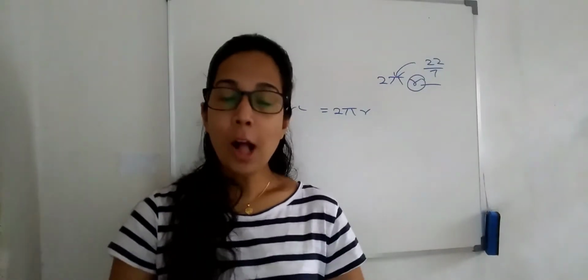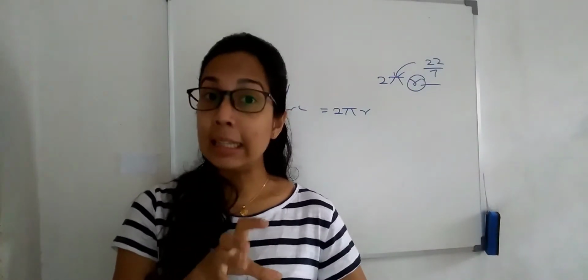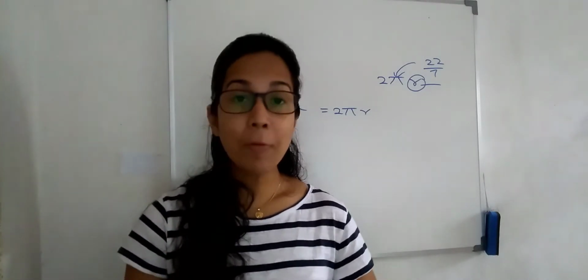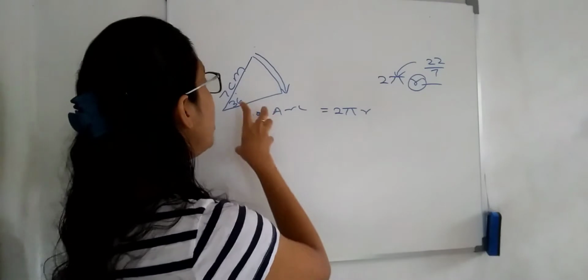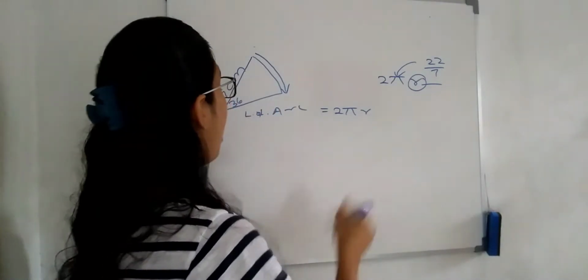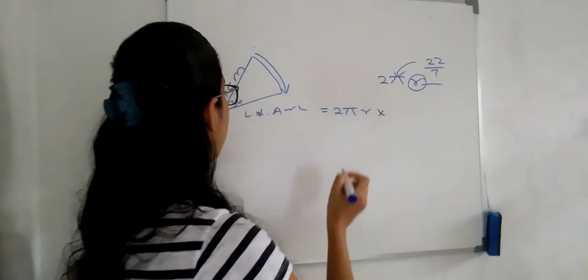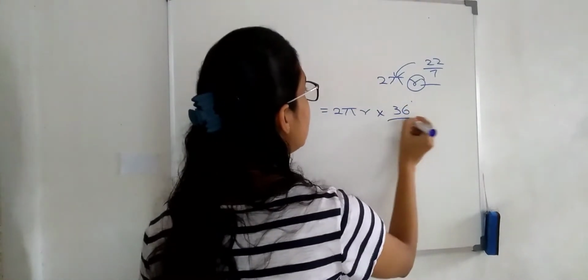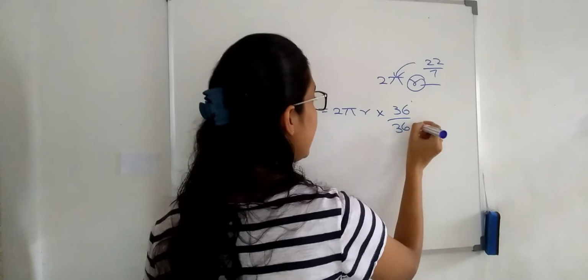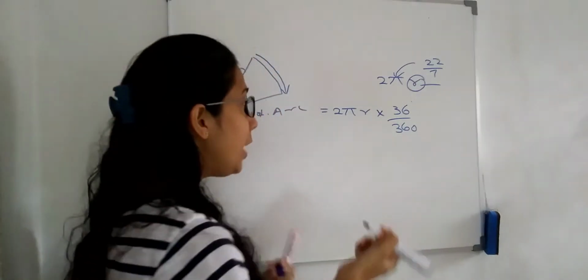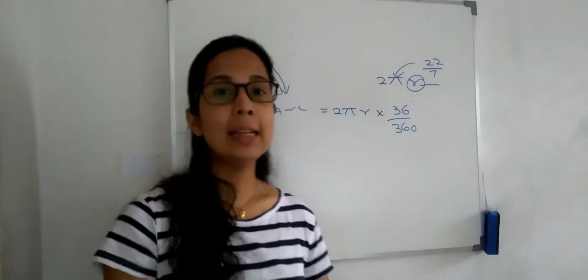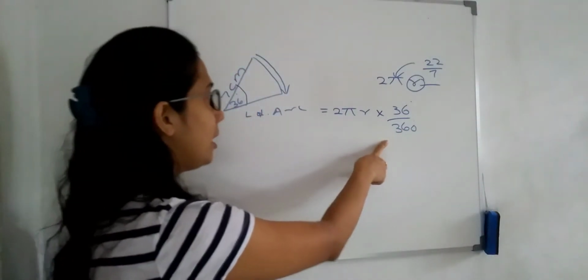We know the value of the angle at the center is 360 degrees. Therefore, now we can find the portion of this sector. How? What is the value of this angle? 36 degrees out of 360 degrees. Why? Because we know the angle at the center is 360 degrees.